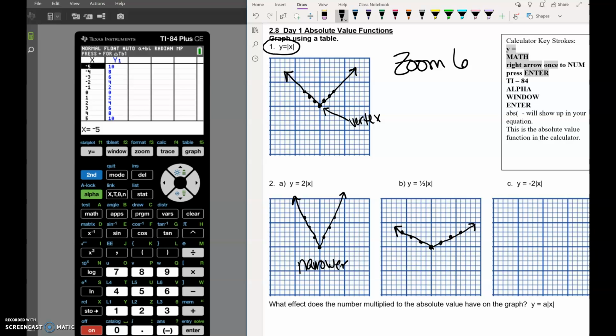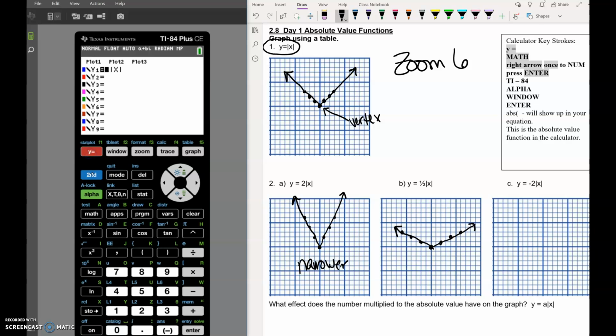What do you think is going to happen if we put a negative in front of the number? Any guesses? All right, since there's no guesses, let's try it. -2, absolute value of x.